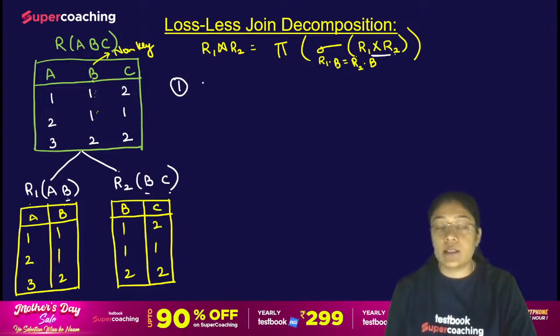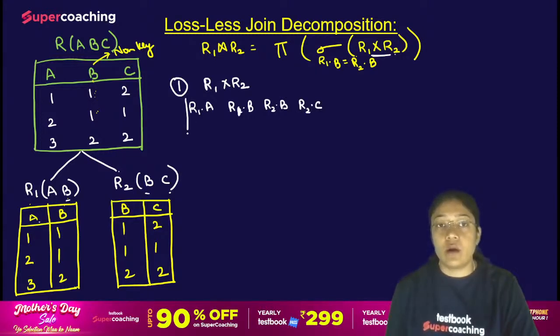So step 1 is that I want to perform the cross product on R1 and R2. So here we'll be getting four attributes: R1 dot A, R1 dot B, and then R2 also has B and C, R2 dot B and R2 dot C. These are the four attributes for the cross product.